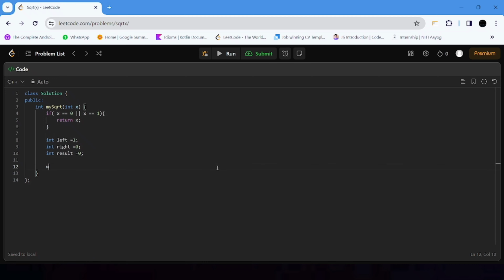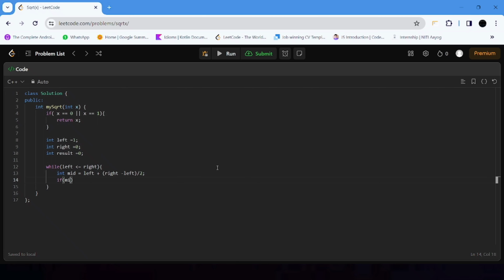Now let's start a while loop for our left and right variables. The loop will continue until our left is smaller than or equal to our right. Inside this we will initialize mid, which is equal to left plus (right minus left) divided by 2. Now we will write the if-else condition for our while loop.